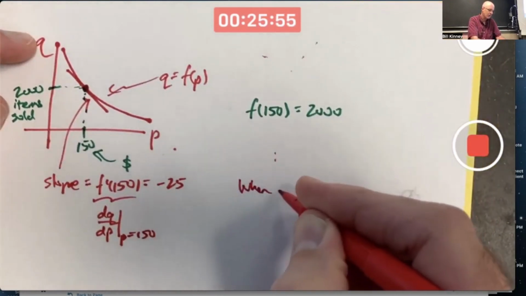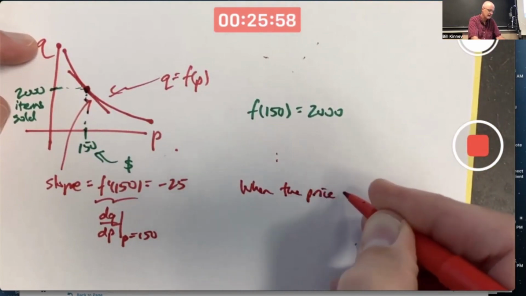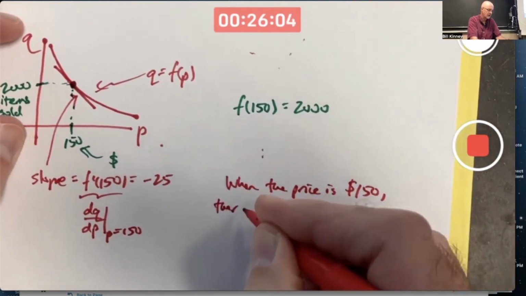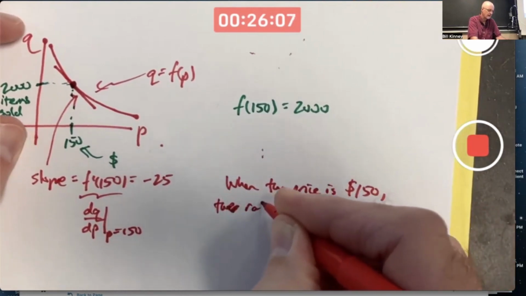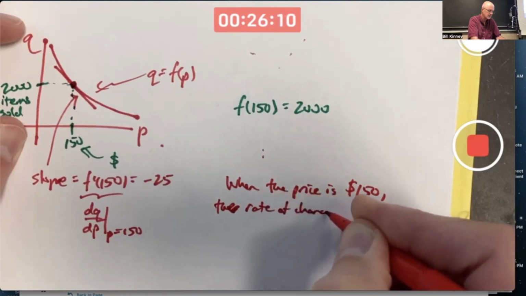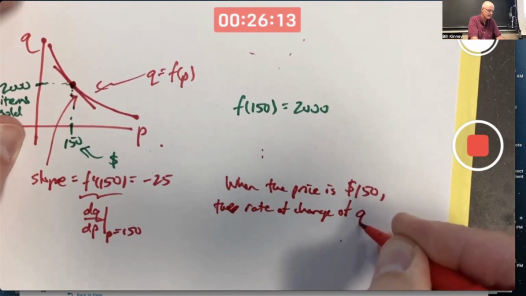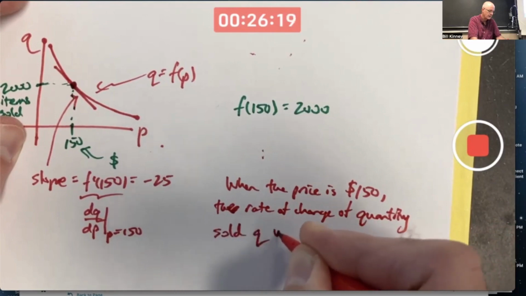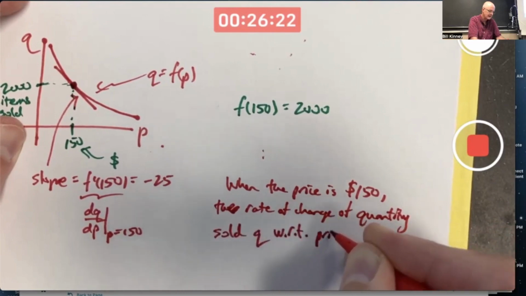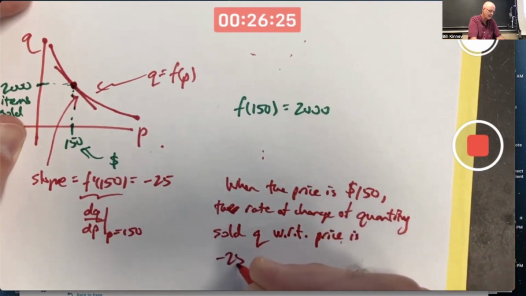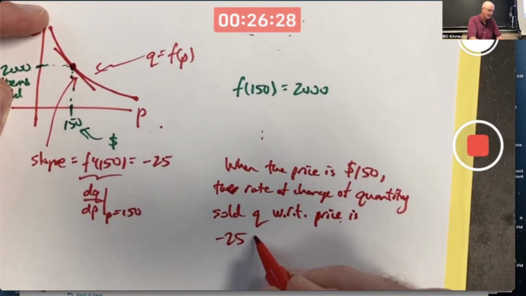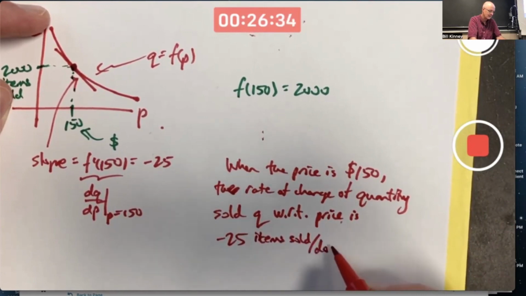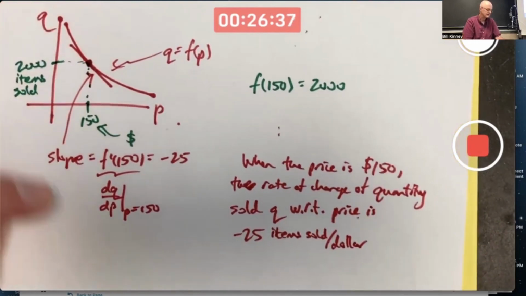When the price is $150, the rate of change of quantity sold Q with respect to price is negative 25 items sold per dollar. Units of Q per unit of P.